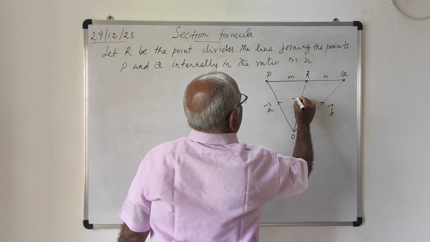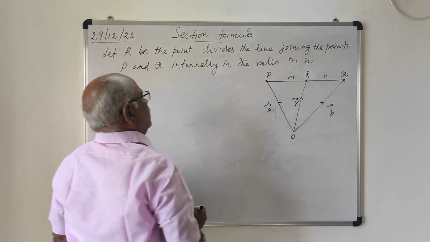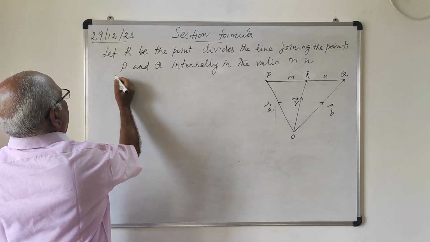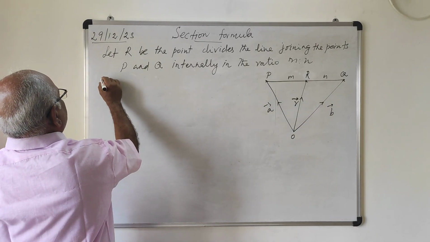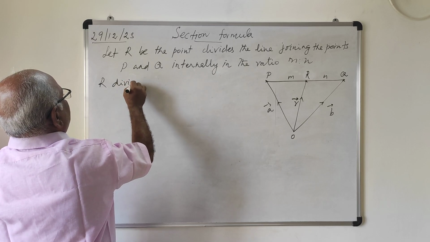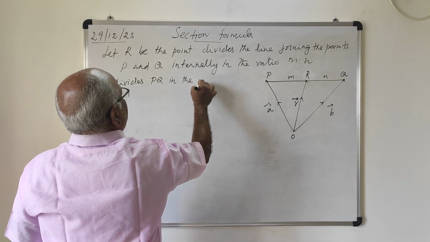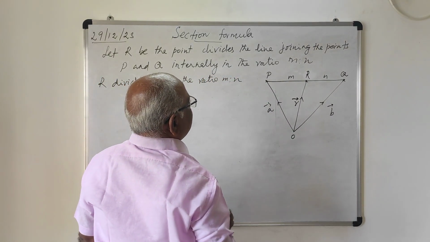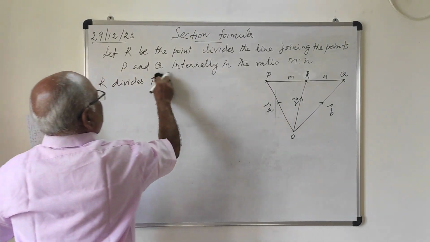Let us consider the position vector OR as the R vector. We know that R divides PQ internally in the ratio m:n, already given in the problem, so you need not write it once again.